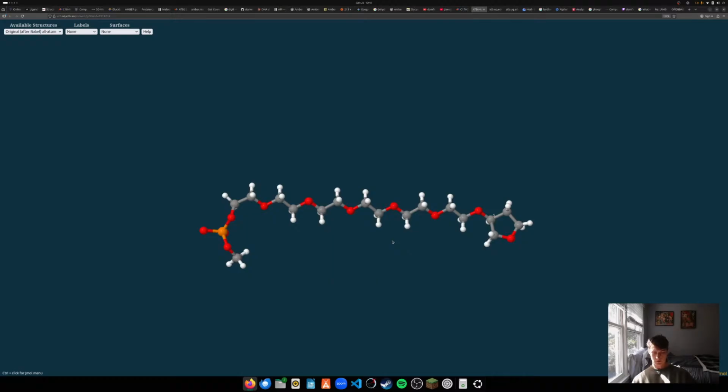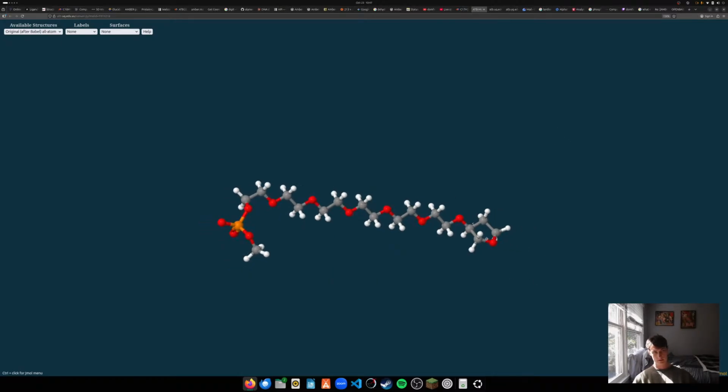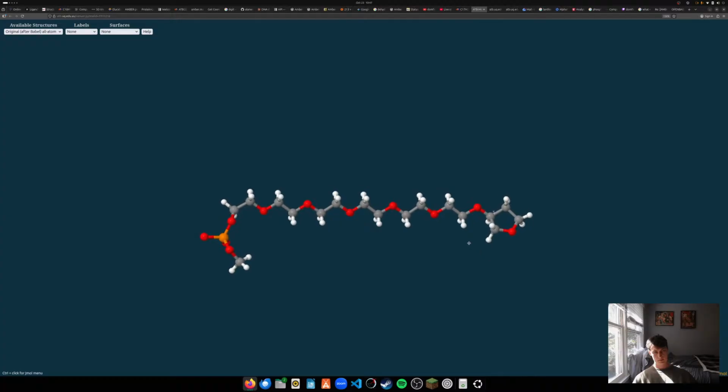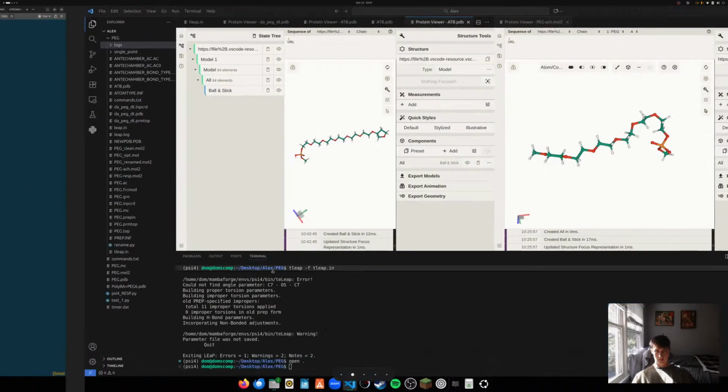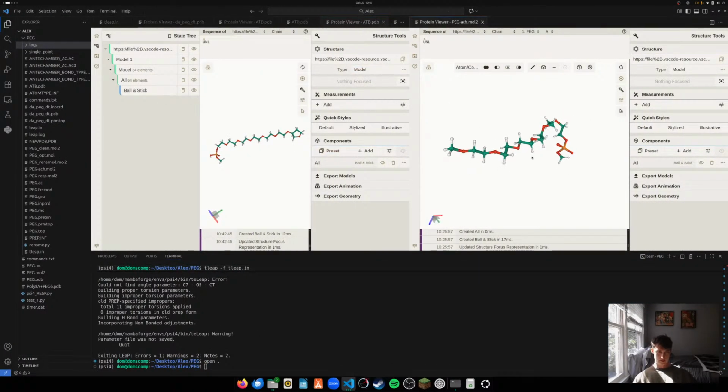So in the future, the capping will be a ribose ring like that, and a phosphate with a methyl. I think that makes sense. And then we can get into simulating DNA, actually, but now with the linker.